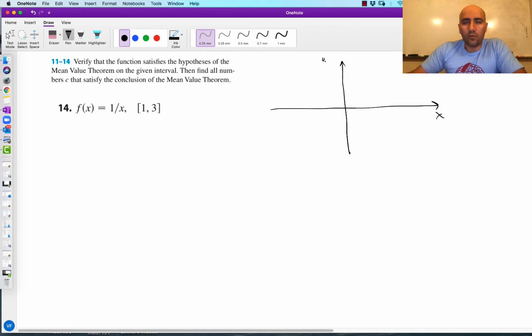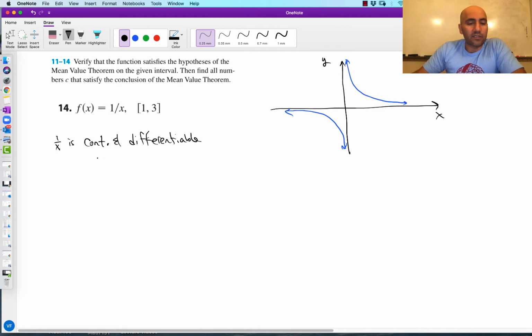X, y. And the graph is going to have a vertical asymptote at the y-axis. And it comes out this way like that. Okay, so we know that this function f of x, 1 over x, is continuous and differentiable everywhere except x equals 0.